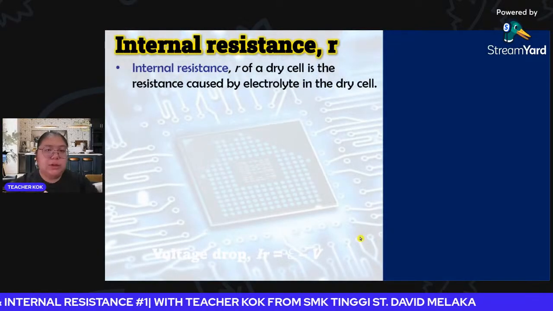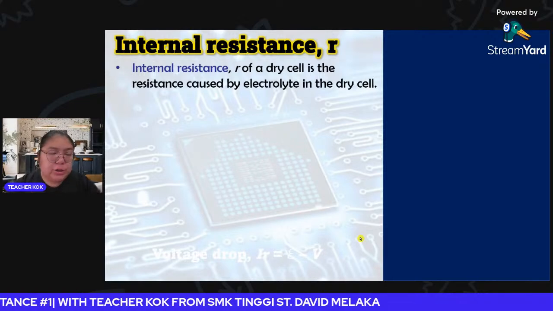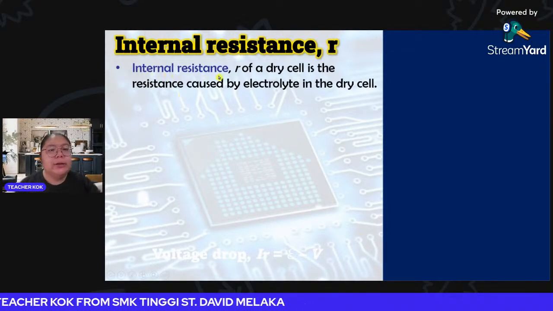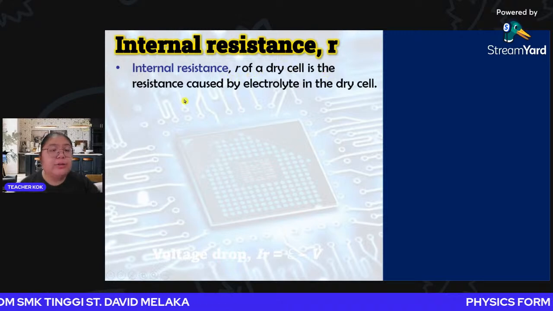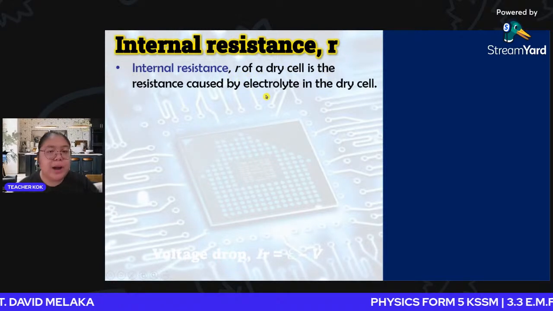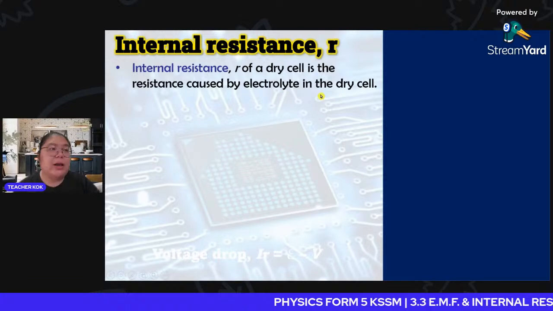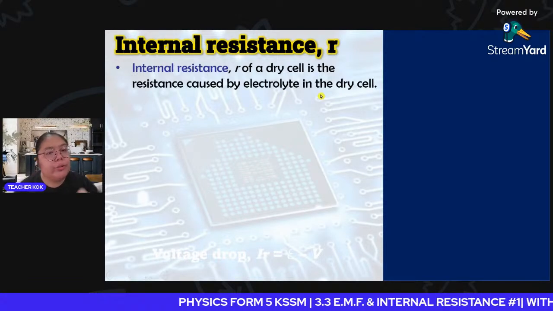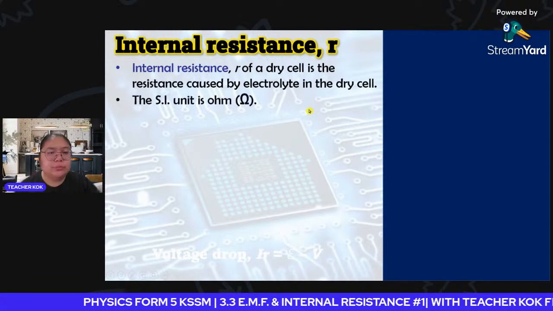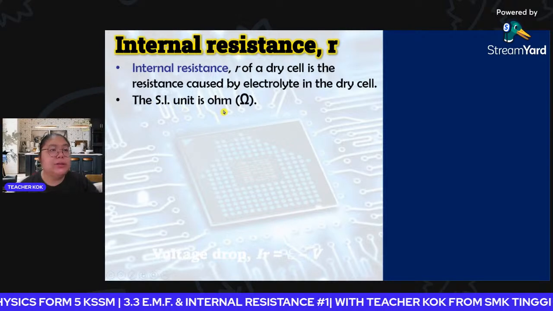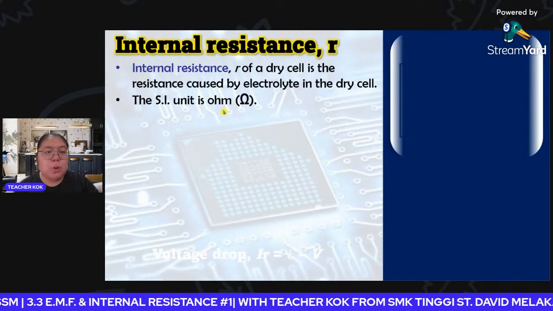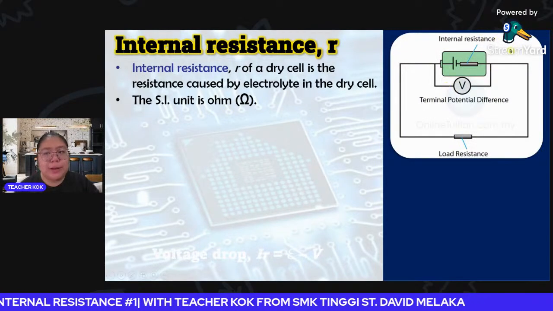Internal resistance. What is the definition? The internal resistance of the dry cell is the resistance caused by the electrolyte in the dry cell. That means it is only related to the dry cell. The SI unit is still the same, ohm. So you can see the battery here.